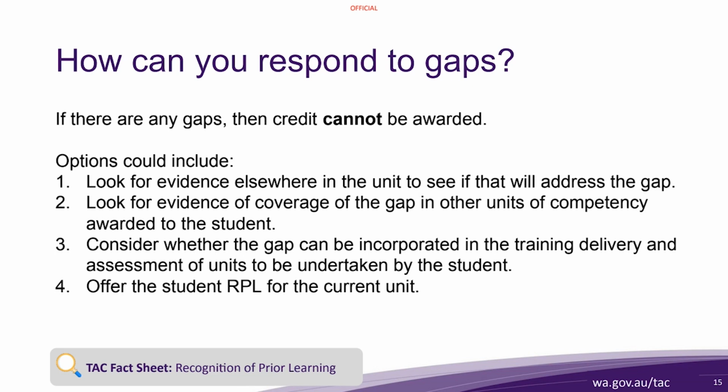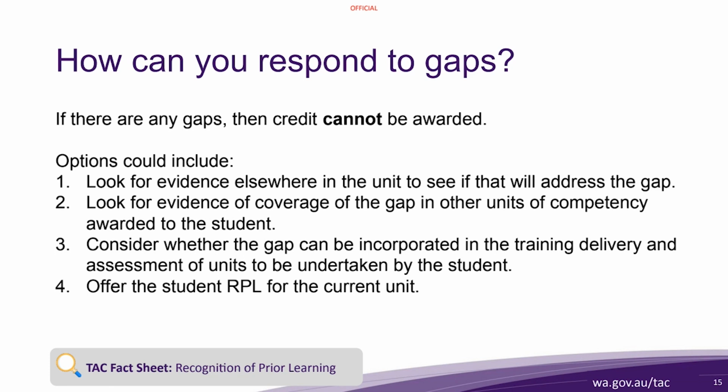Or, of course, you can offer RPL to the student for the current unit, which is to say, well, these gaps are significant. They're not things that we can find elsewhere in your training. So what we can do is offer you recognition of prior learning for the current unit.